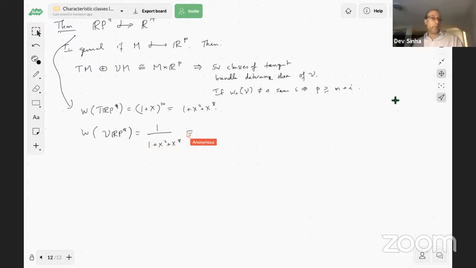And you can use power series thinking, if you're used to power series, which I'm assuming everybody is. But the point is that things are only going to be non-zero at a finite stage. And also, we are working mod 2, but the algebra of this power series division works the same.